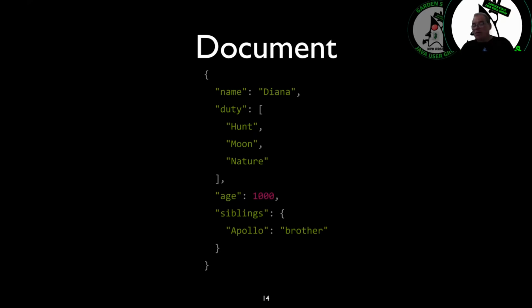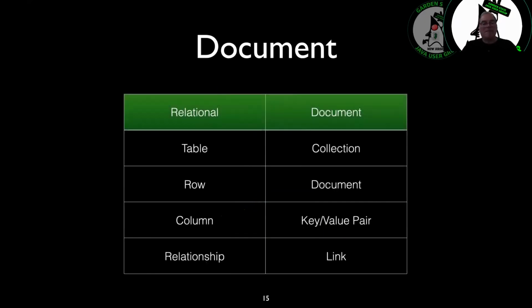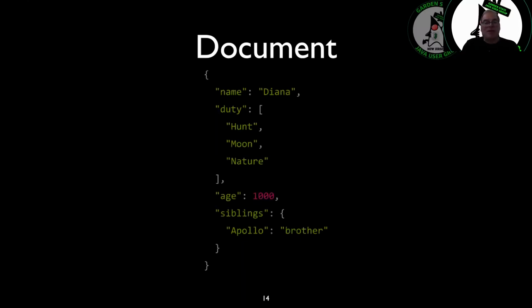Use cases are e-commerce applications and content management systems, and of course, MongoDB is one example of a document database. Okay, and in here, this is the comparison. A table in a relational database is a collection. So what you saw here is a collection.